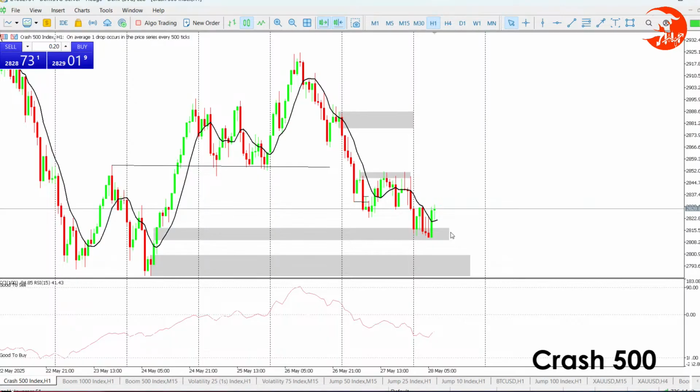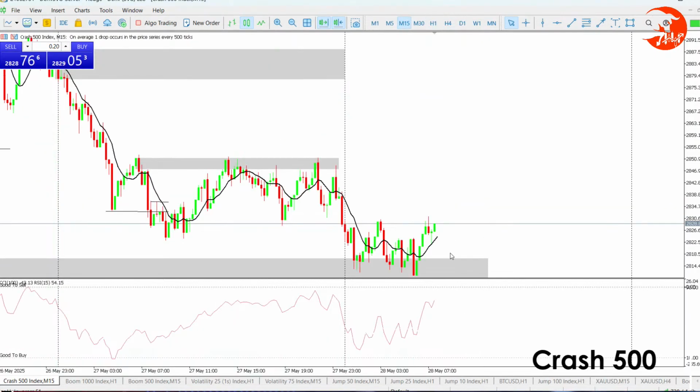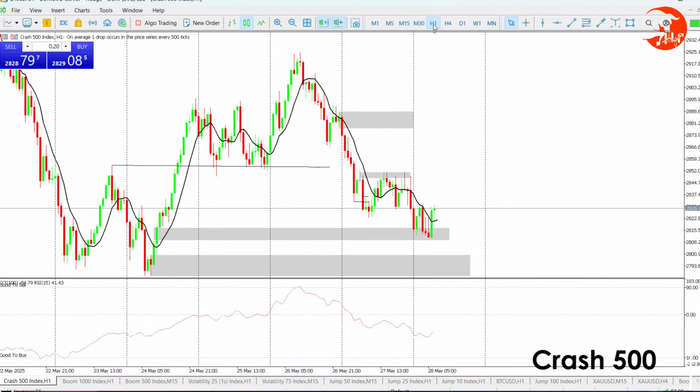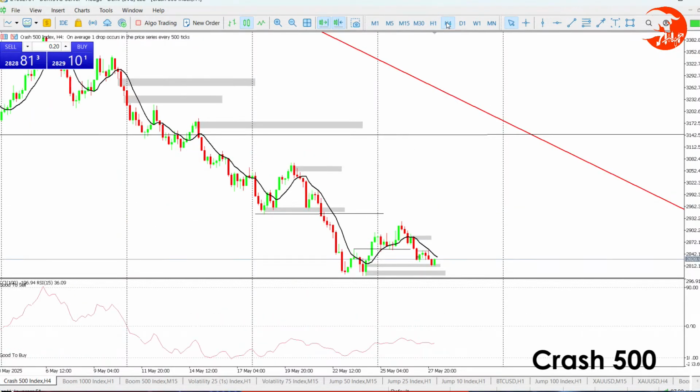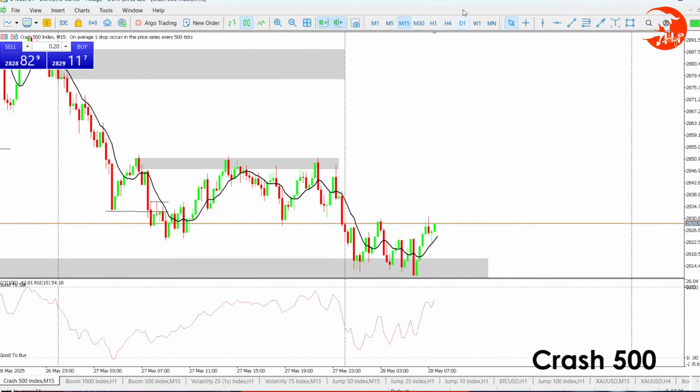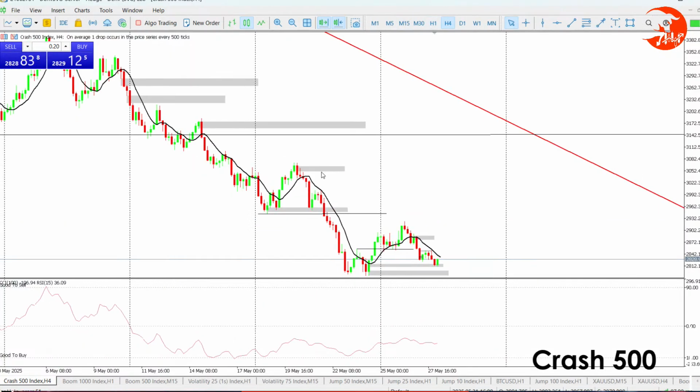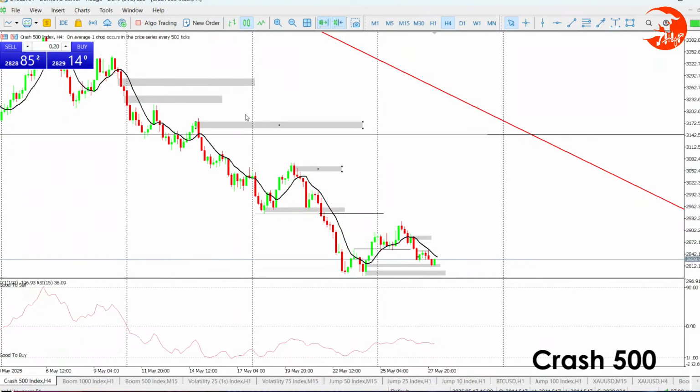But according to H1, we are not ready to buy, looking at what CCI is showing us. So what do we do? Go to M15. M15 is already showing us buys. So H1 is not showing us buys, but H4 is showing us buys.